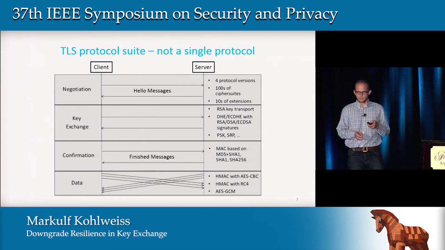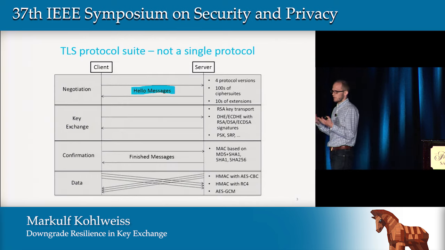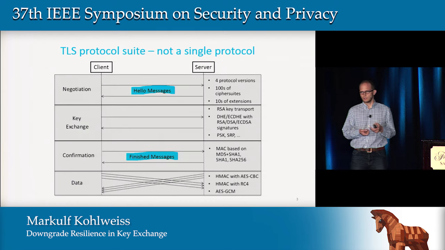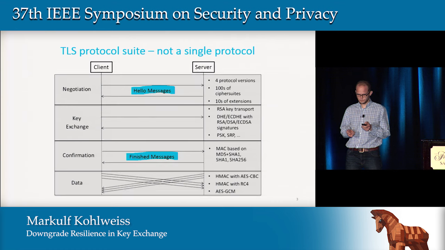This happens in the hello message of TLS, in which the client first sends all the stuff that it supports. The server chooses and sends back its decision on what to use in its hello message. TLS also supports a rudimentary downgrade protection mechanism as part of the key confirmation techniques that were discussed, I think, in the second talk, or in the first talk.